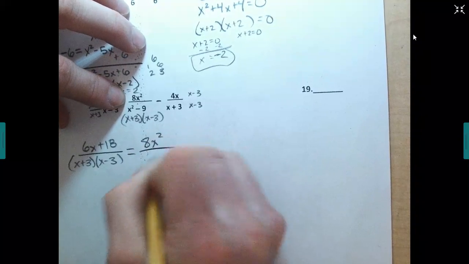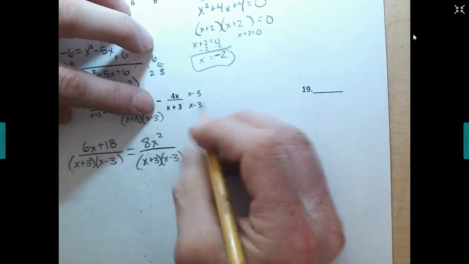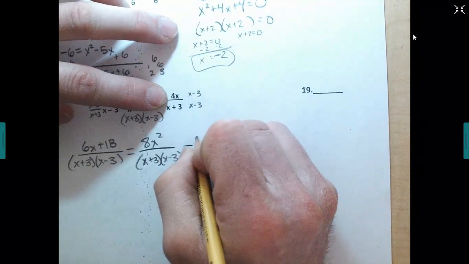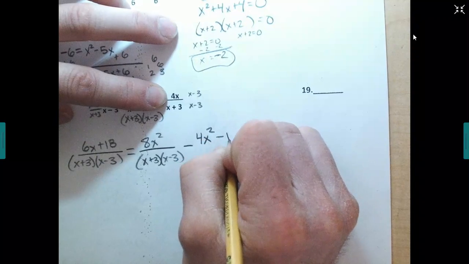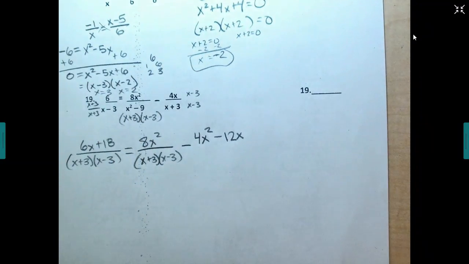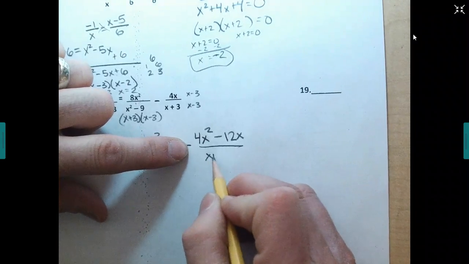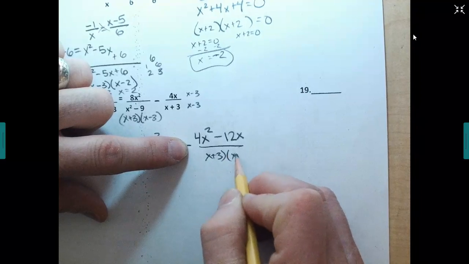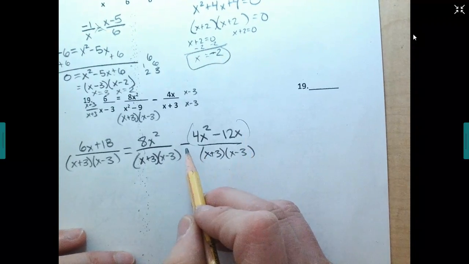8x squared over x plus 3, x minus 3, minus 4x squared minus 12x. Okay, so it's minus this whole thing, right?